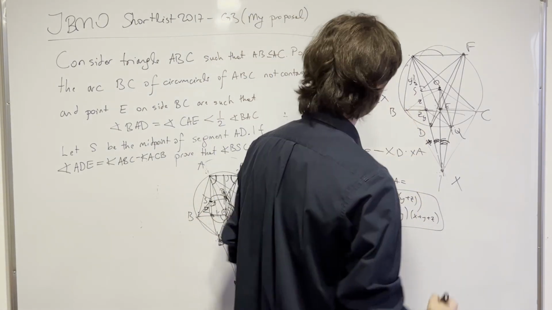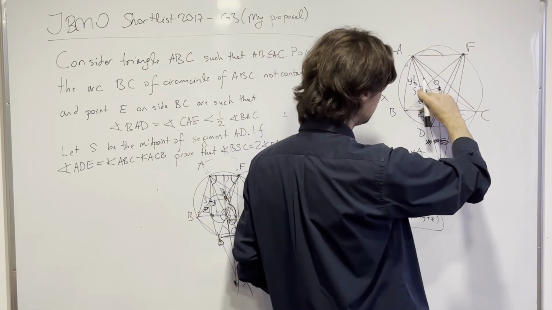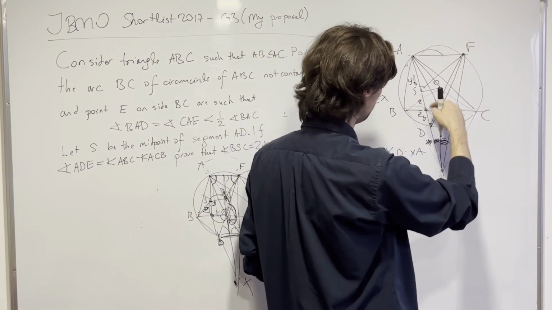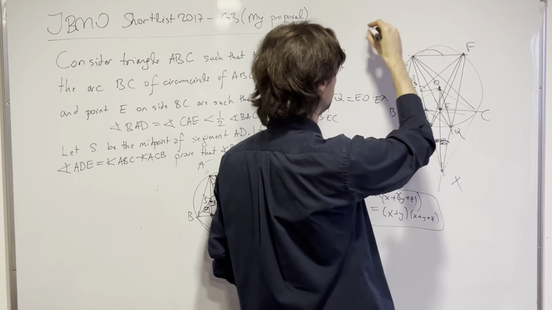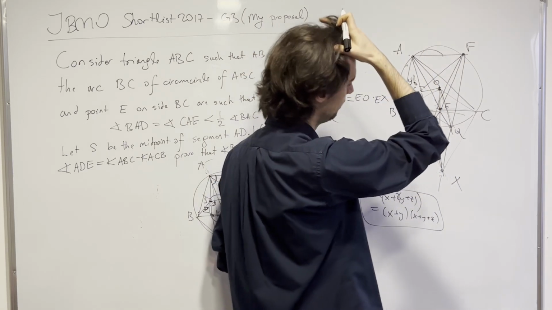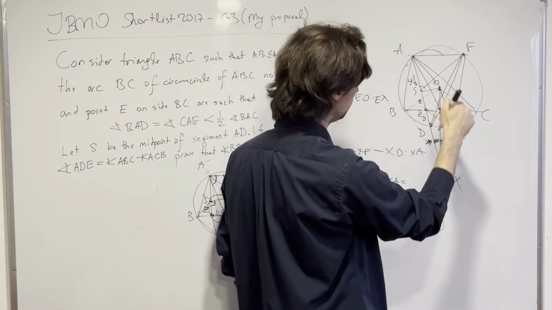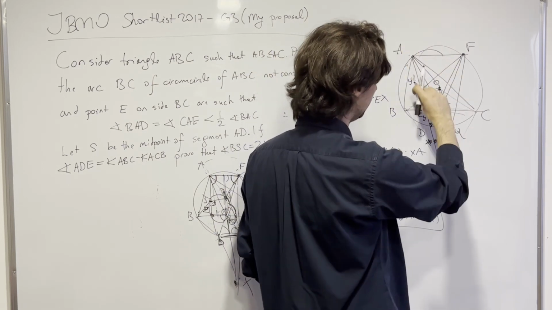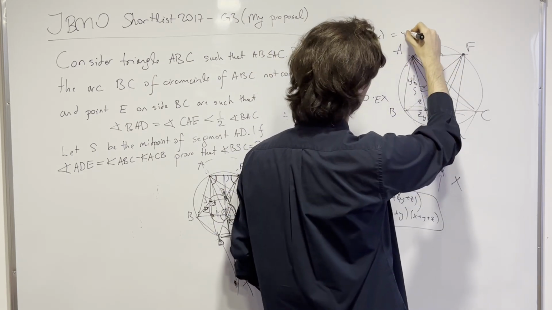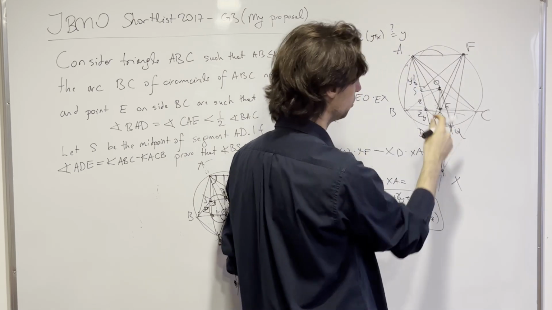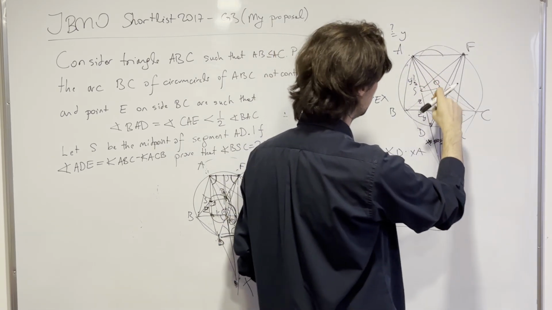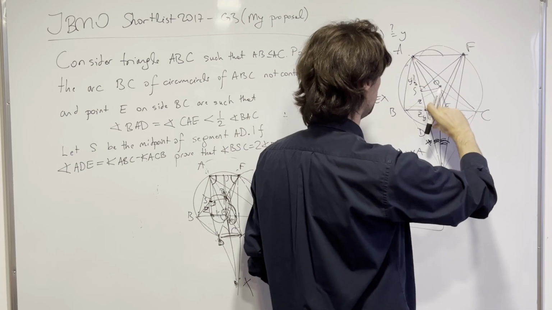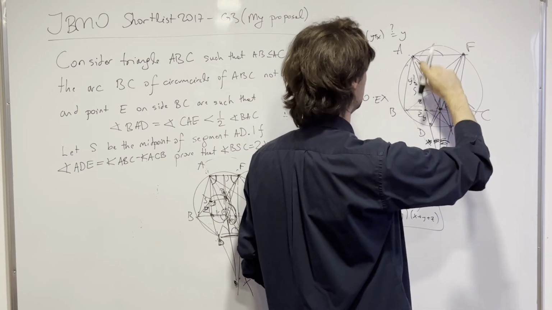The thing we need is this. ZS, which is of length z, times ZX, which is of length y plus x. We need this times this to be equal to, is it equal to y times (2z plus y)?